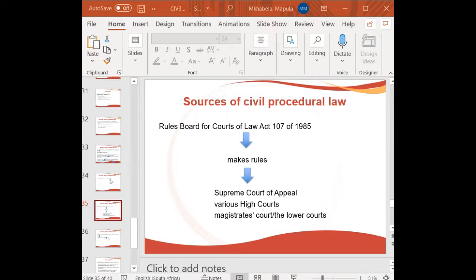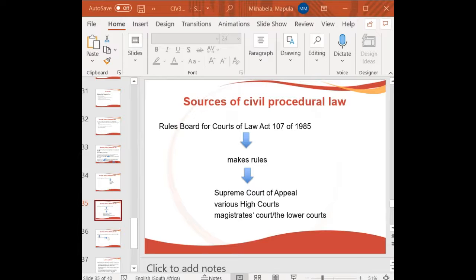The rules of court for both courts contain annexures that set out the forms prescribed by the rules.